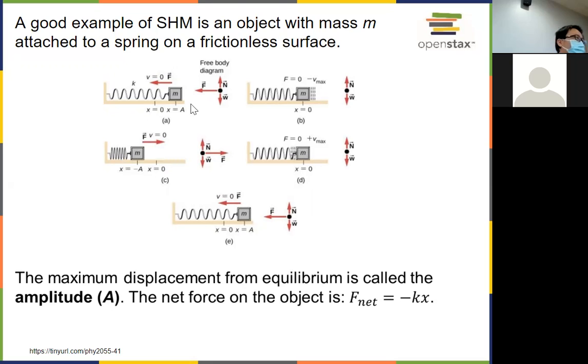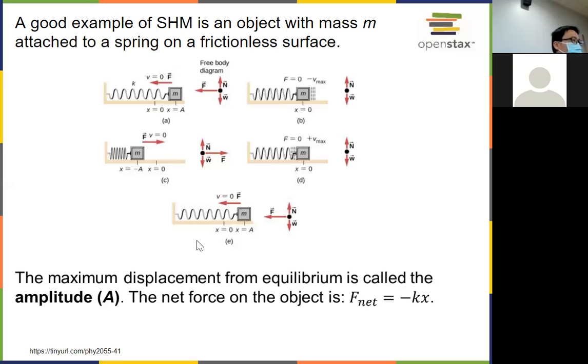Okay, so if you pull it to A, then its compression will also be A, but in the negative direction. So the force from the spring will push the mass forward. You always go back and forth because of the force from the spring.